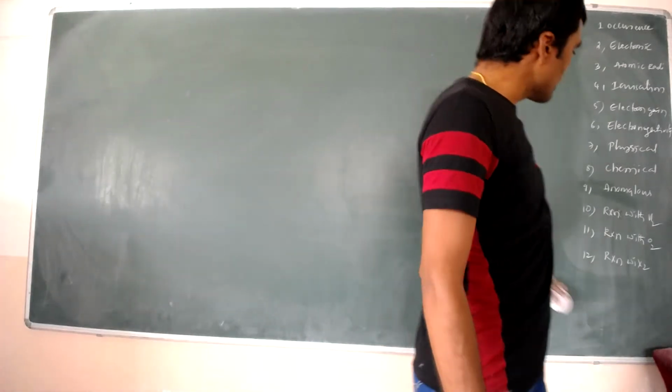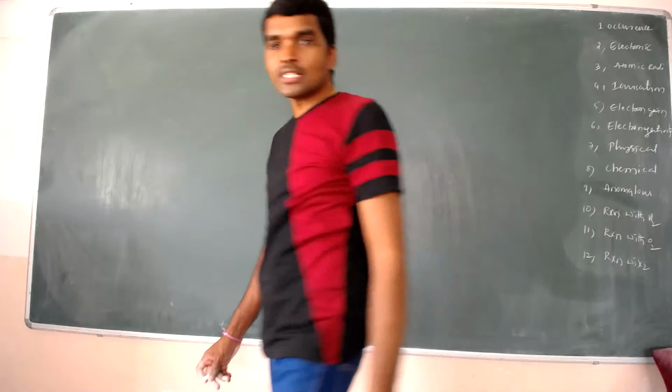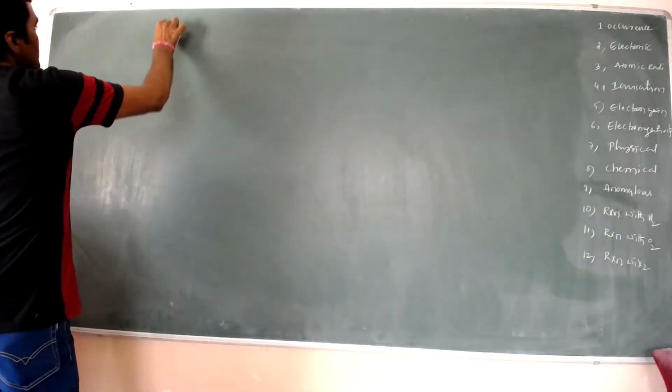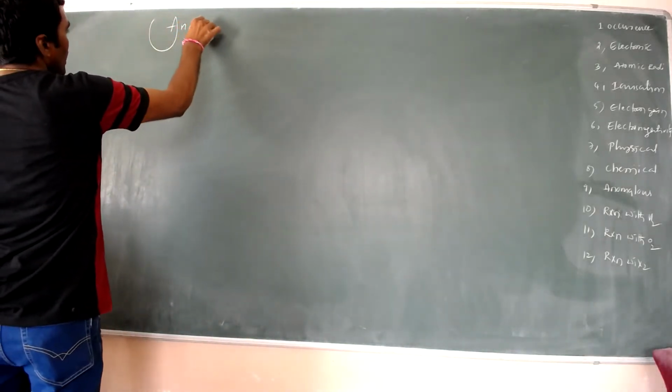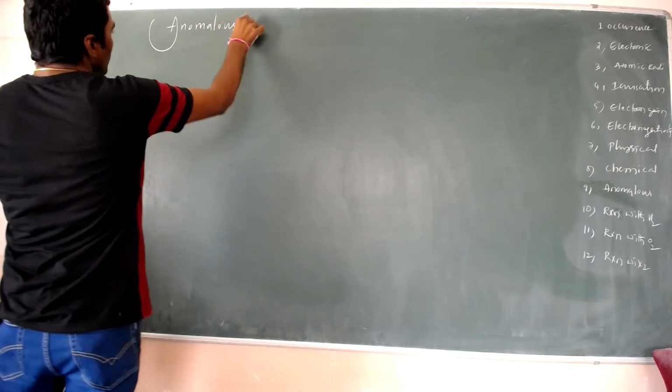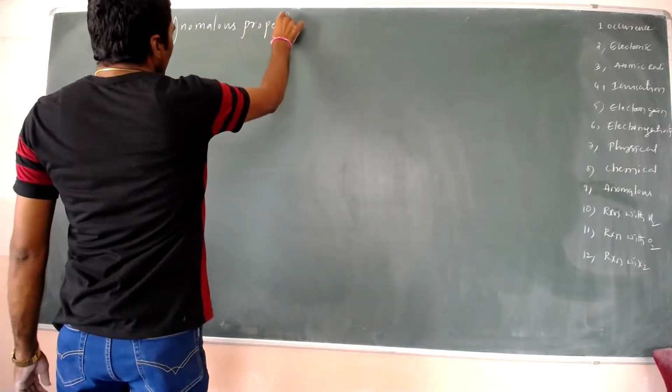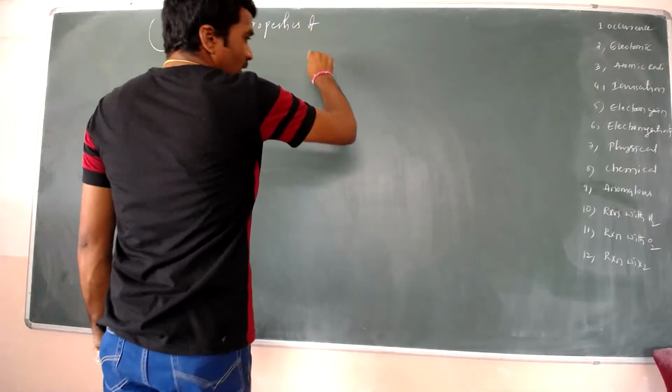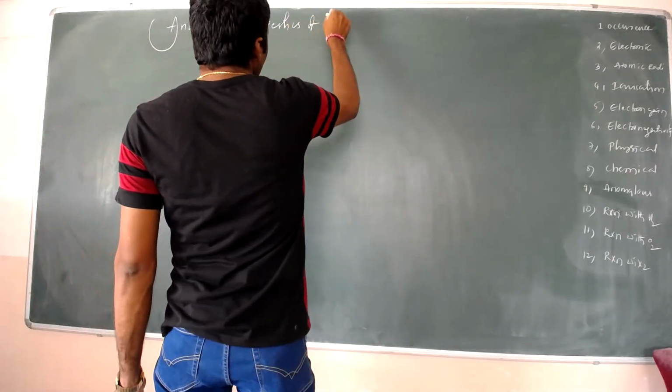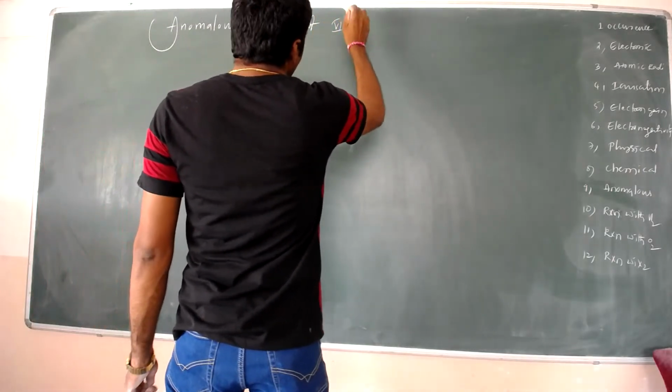Next, we are going to discuss the anomalous properties of oxygen among the 6th group elements.